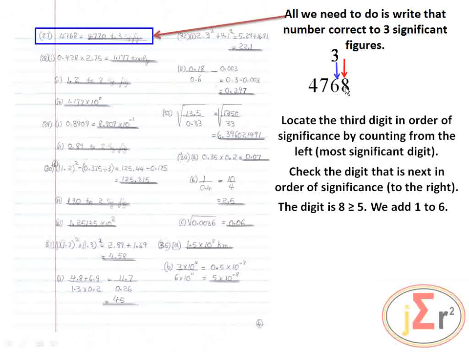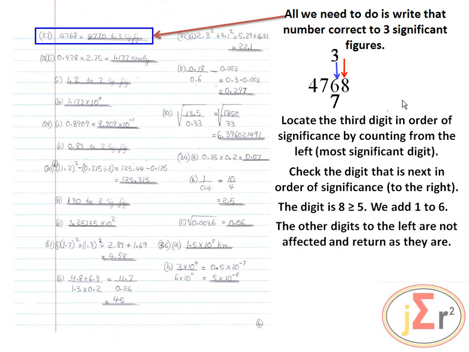Because if the one next in significance is greater than or equal to 5, which is 8 in this particular case, which is definitely greater than 5, we will add 1 to the digit in question, which is this 6, the one in the third most significant position. 6 plus 1 is equal to 7, and the other digits to the left are not affected and return as they are.